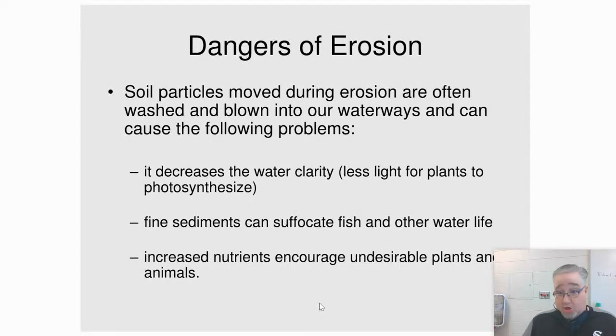Eutrophication, right? And that could create a whole bunch of issues, right? Algae blooms and all that type of stuff. So there are some issues with this erosion of our soil. We don't want our soil to erode away and make its way into water, because then it's going to decrease our water that we have, and we only have so much fresh water on this planet. So make sure we know some of those.